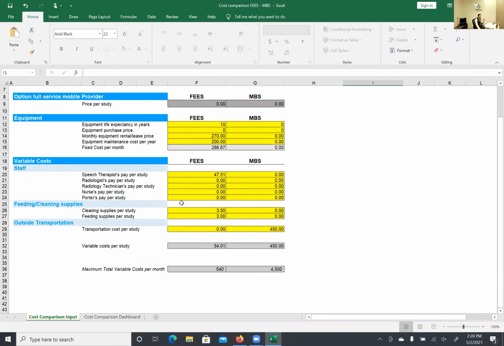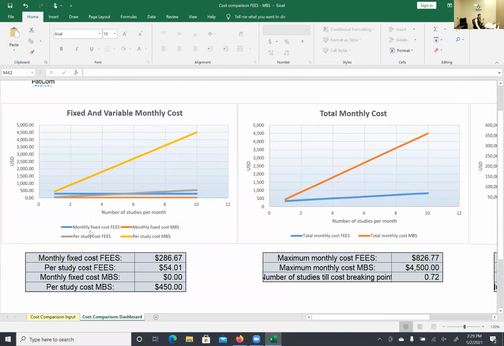And then we'll go back to our dashboard here. So in this case, you have the breakdown here, the monthly fixed cost for fees, but then also the per study cost of MBS, which is much higher. And then here we have the total monthly cost and our number where they break even.